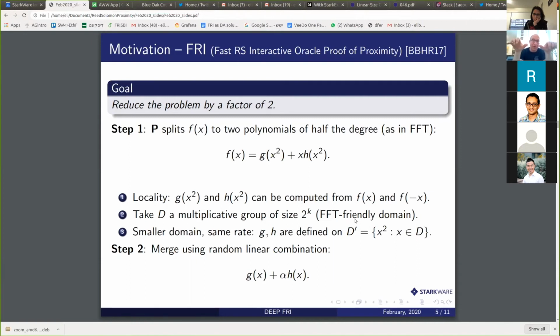Now I throw at the prover this random alpha, and ask her to take a random alpha combination of these two functions. And I can later check by making two queries into F and one query into this new object, whether this, on average or for typical cases, was done correctly.